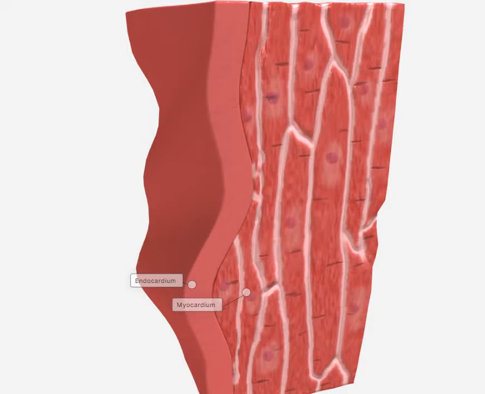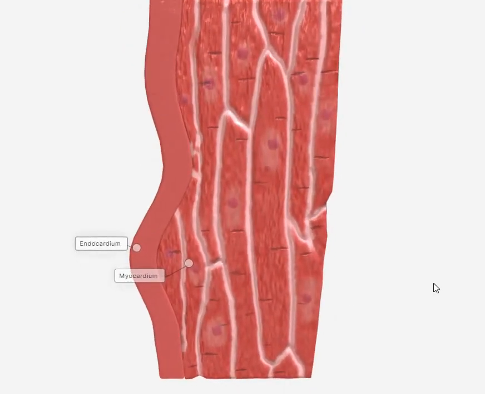I should point out the endocardium covers the entirety of the inside of the heart. It even covers the valves of the heart. So it is there to protect all of that from having excessive friction, basically. Right, let's rearrange our image.